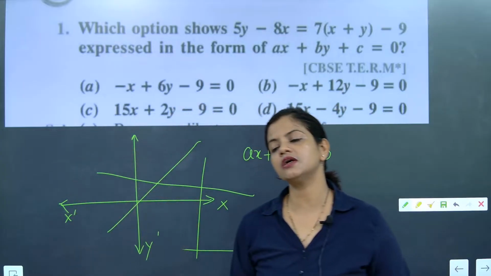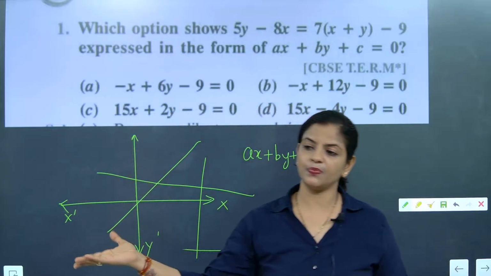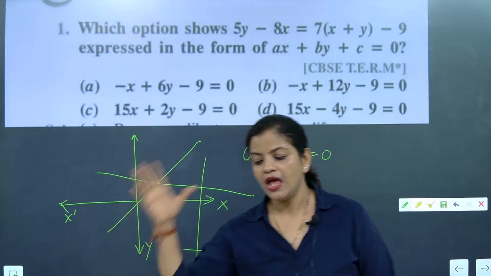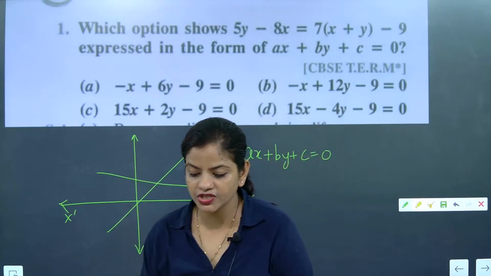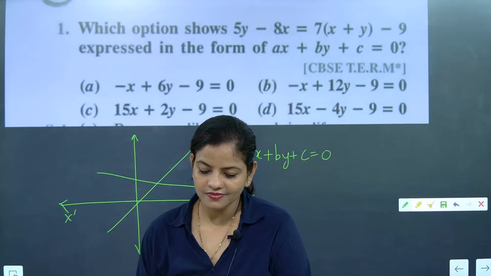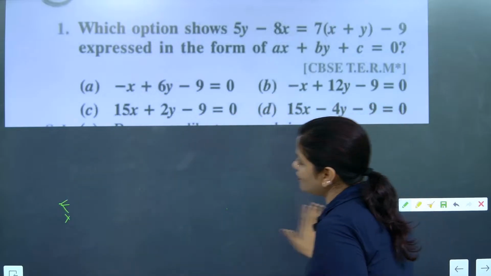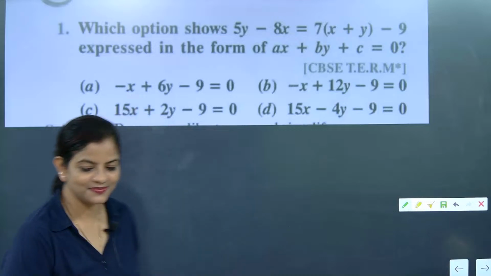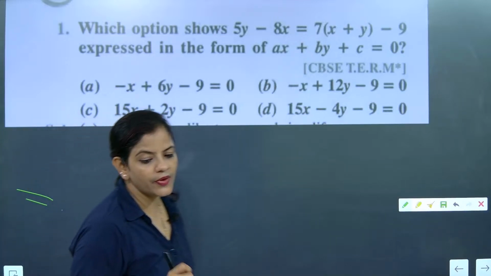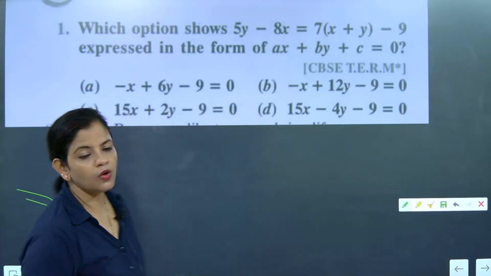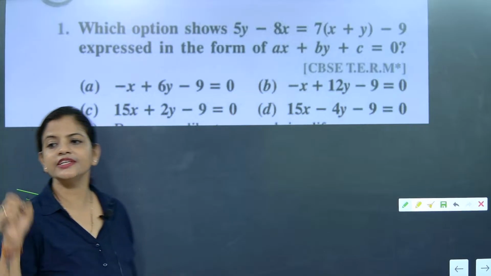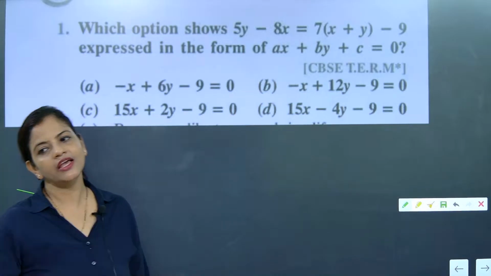When we are discussing linear equation and expression, what is the difference between an equation and an expression? So now we are going to understand what is an equation and what is an expression.